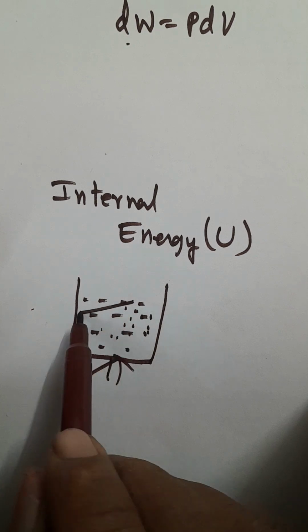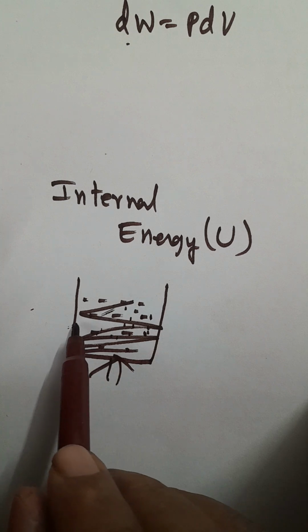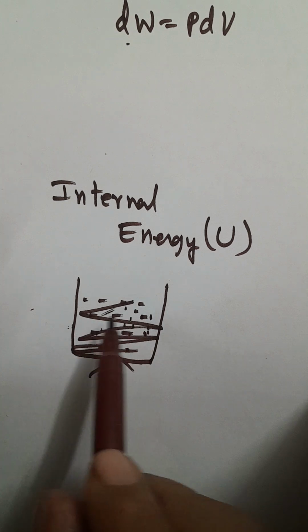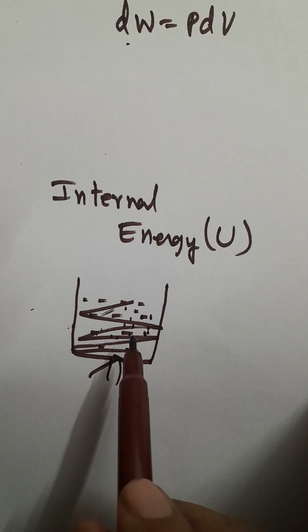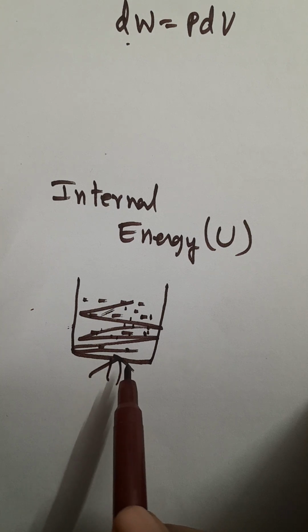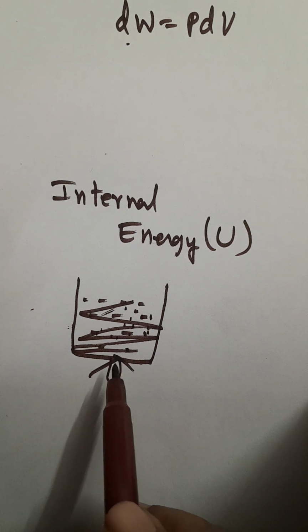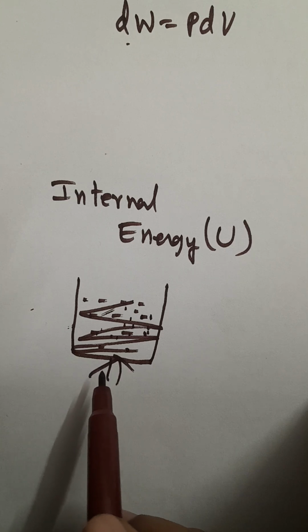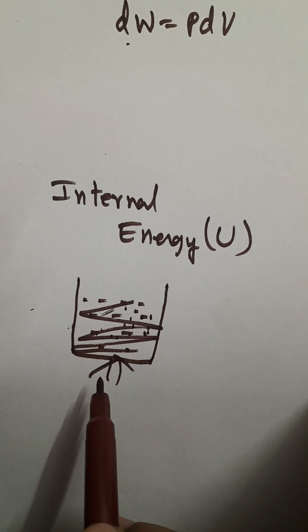They move in a random way and collide with the vessel and with other molecules. So in internal energy we consider the processes due to molecular constitution and motion. That means we consider both the sum of kinetic energy as well as potential energy, the mutual attraction of these molecules.